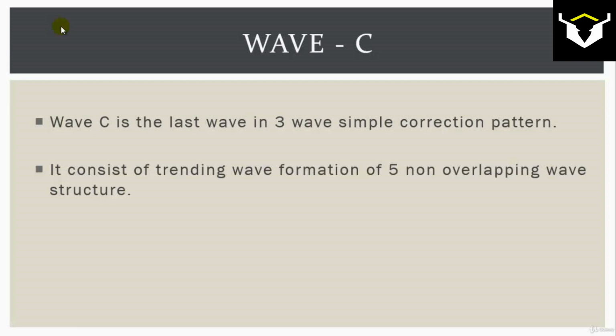So once the wave B correction is complete, it gives way to the wave C trend. And since wave C is a trending pattern, wave C unfolds itself in a five-wave non-overlapping wave structure.